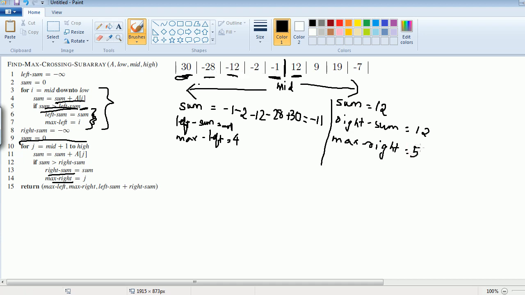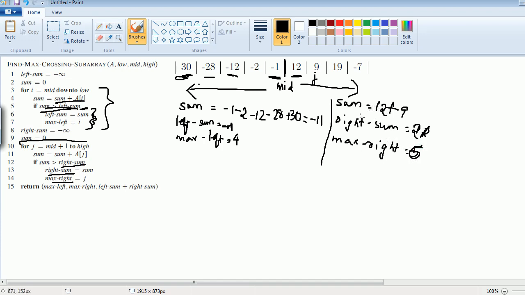Okay, after that, for the next iteration, j is here, and sum equal to 12 plus 9, which is 21. Is 21 greater than right sum? Yes, it is. So right sum will be 21, and max right is going to be 6.